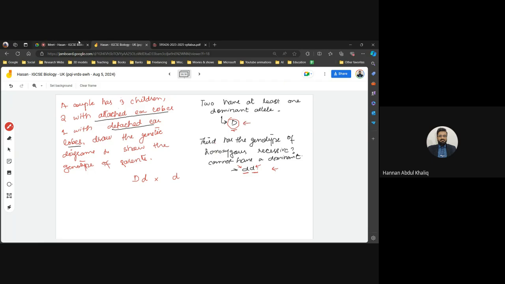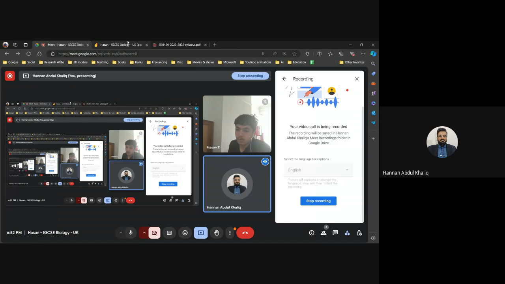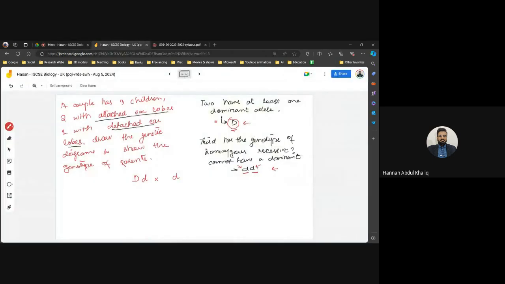Let me give you a very obvious answer for this. See, if the parents don't have it, how can the children have it? It means that both the parents have at least one recessive allele. We are 100% sure about this because this child is receiving one from one parent, the other from the other parent, and two children are showing the dominant phenotype.